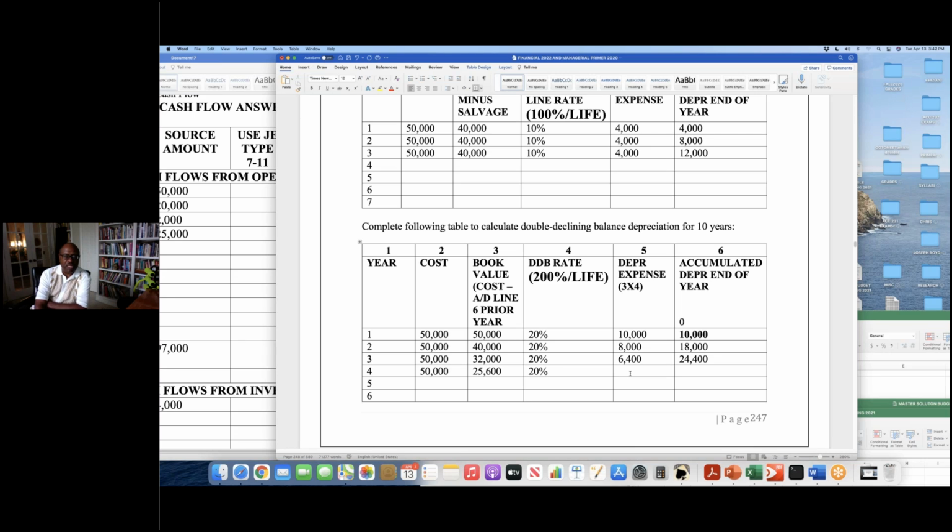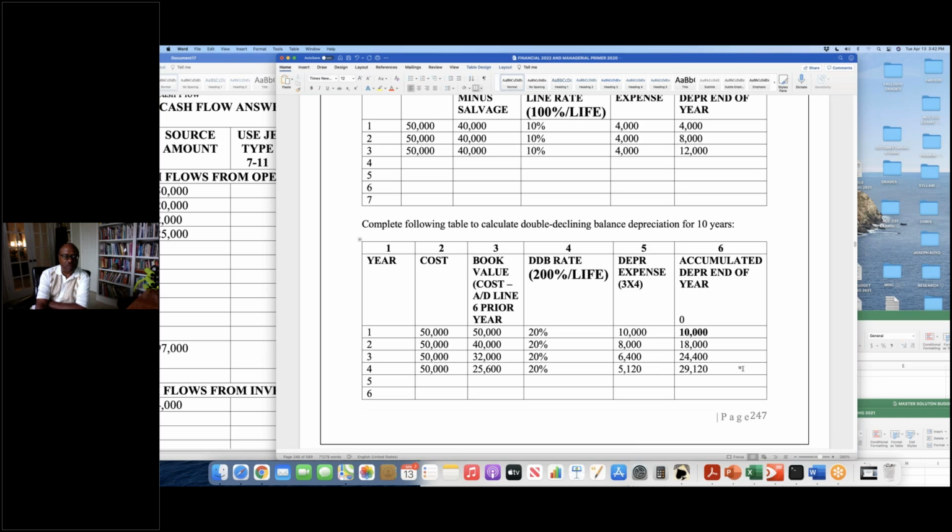So what's going to be in this column? 5,120, which is 20% of the amount in column 3. So what's our accumulated depreciation now? 29,120. Okay.